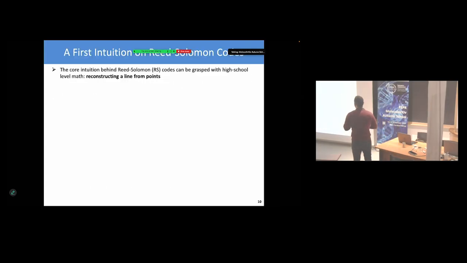Okay, so the core intuition behind Reed-Solomon codes can be grasped with high school level math. A first intuition on Reed-Solomon codes is reconstructing a line from points. Let's see how. Suppose we want to store 2 numbers, a and b, which are 2 and 1.